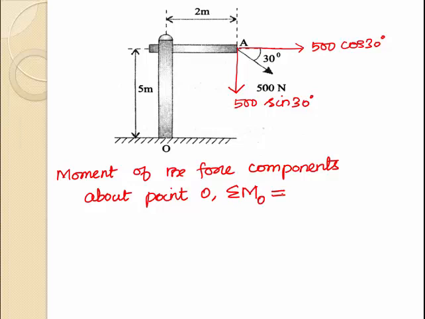So generally the forces causing bending moment in the clockwise direction are considered with a negative sign, and the force components causing bending moment in the anti-clockwise direction are considered with the positive sign. Okay, so here considering the first force component, that is 500 cos 30, about point O, this horizontal force component 500 cos 30 is causing clockwise rotation.